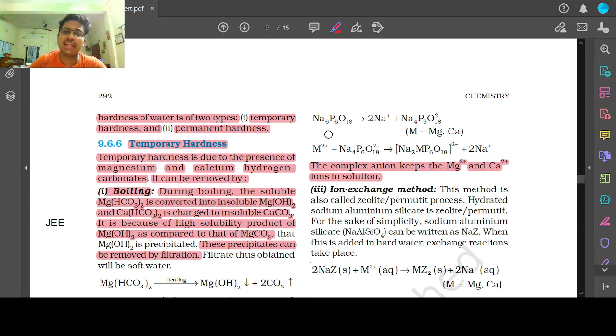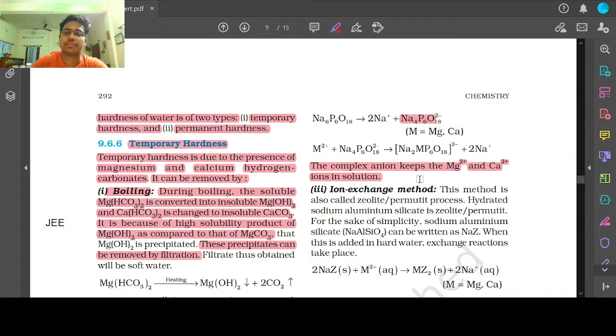Earlier there were 6 Na plus, so if 2 Na plus are removed, 4 Na plus remain. So Na4P6O18 remains, and this ion reacts with the other salts. Here M depicts calcium and magnesium ions, and this ion reacts with calcium and magnesium ions.